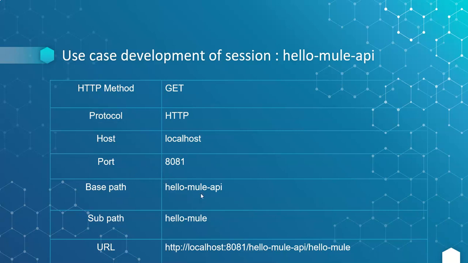Base path as Hello Mule API. Subpath as Hello Mule. The URL all together is going to form like this: http://localhost:8081/HelloMuleAPI/HelloMule. So we should be aware of what a REST service contains. Then we will be able to develop a REST service easily.